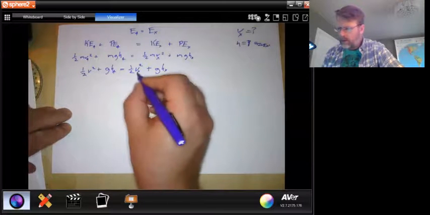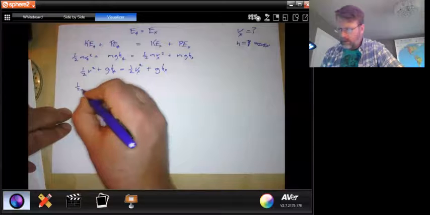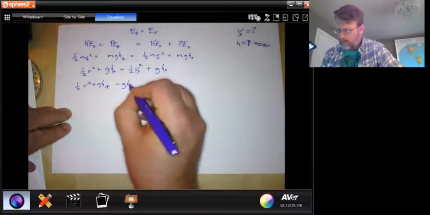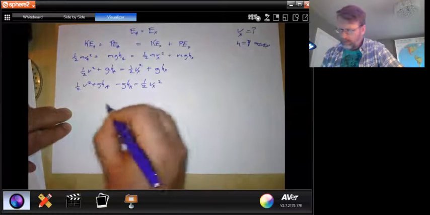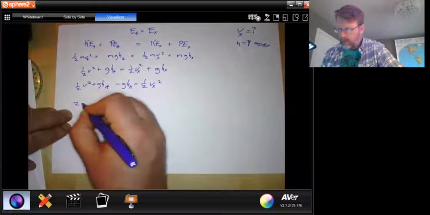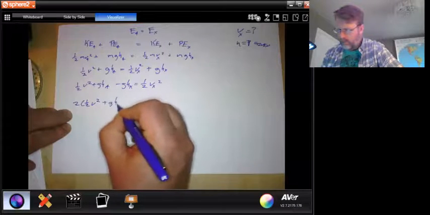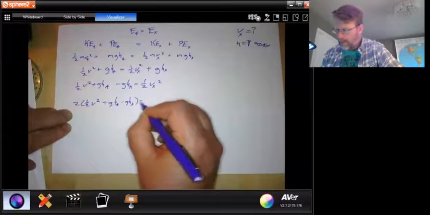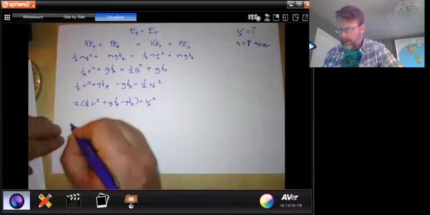We're solving for v, so we're going to do 1/2 v squared plus... Multiply both sides by 2. And then take the square root of everything.